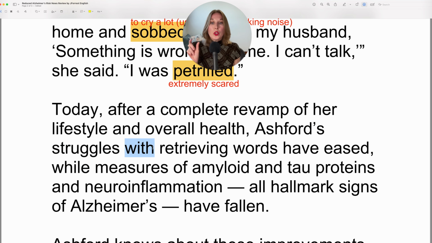Now you can use "with" and then a gerund verb because "with" is a preposition. If you write this as a normal clause, subject, verb, object, then you would say, "Ashford struggles to retrieve words." So struggle is a regular verb. An infinitive follows it. But this is the noun form and you use "with" and then a gerund.